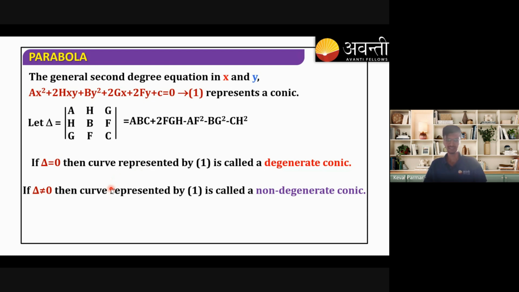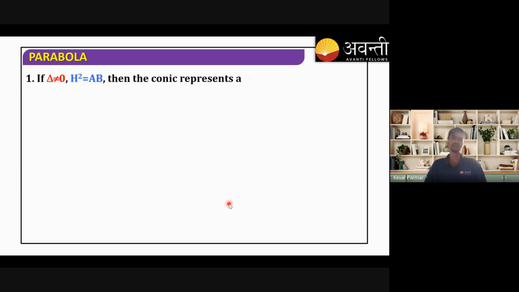Okay, but for us, delta should not be equal to 0. That means a non-degenerate conic is meant. Which all conics come in non-degenerate conic? We have parabola, ellipse, hyperbola. Right? And in degenerate conic, we'll have a pair of straight lines and a circle. Chalo. We are interested in non-degenerate conics.